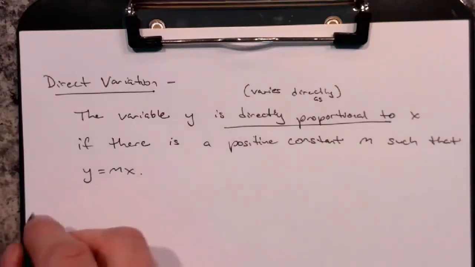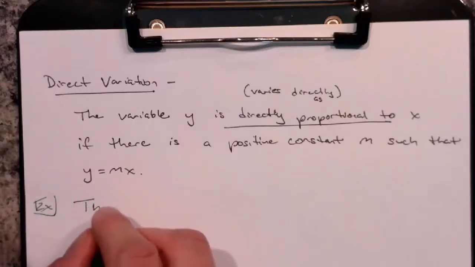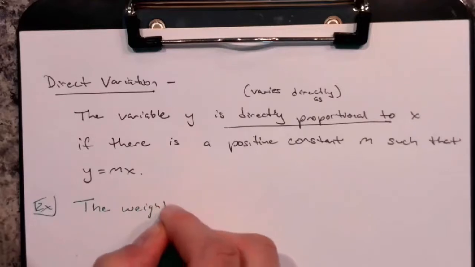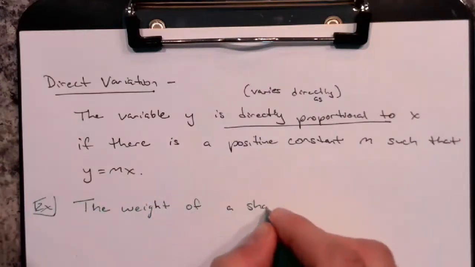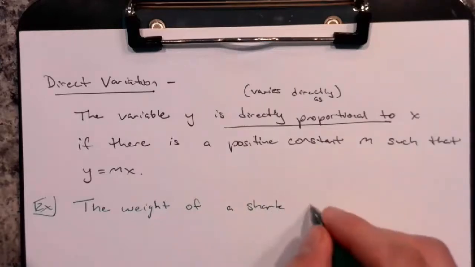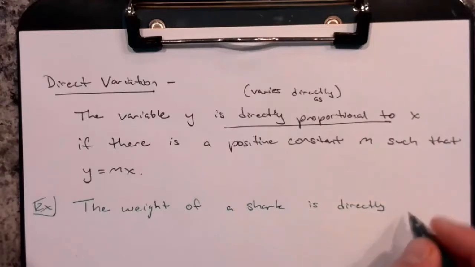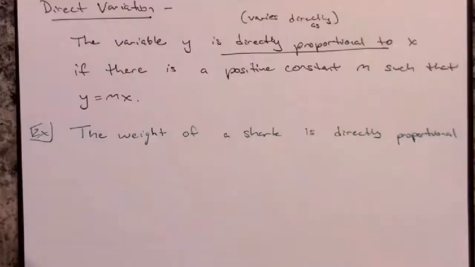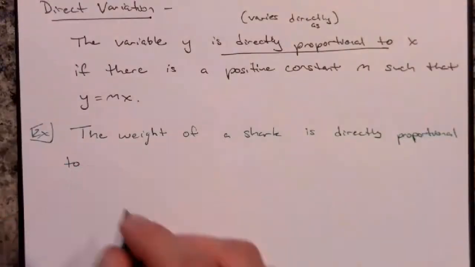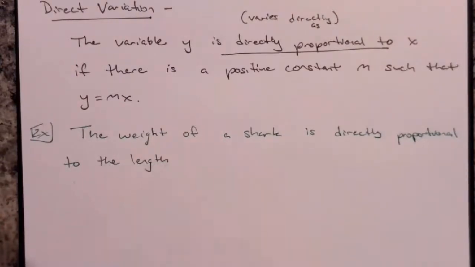So if we're looking at an example, I'll say the weight of a shark is directly proportional to the length of the shark.